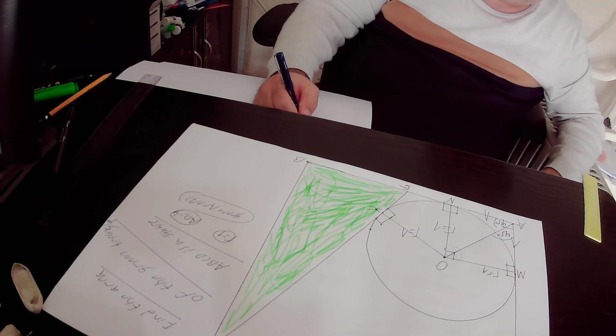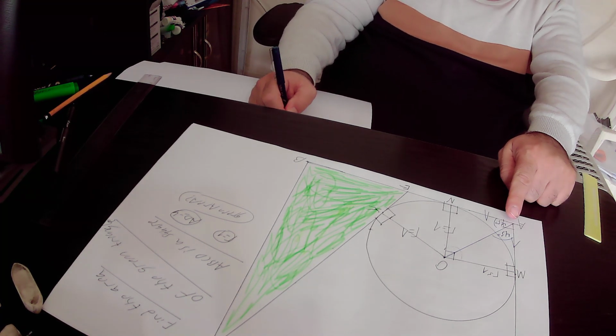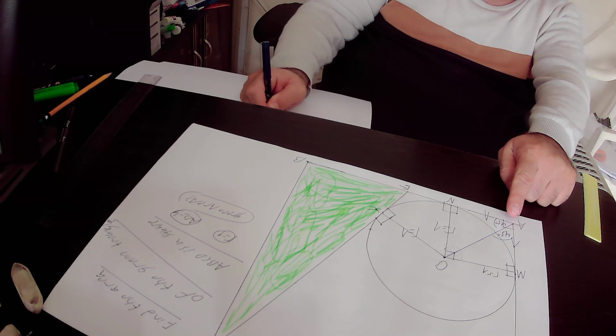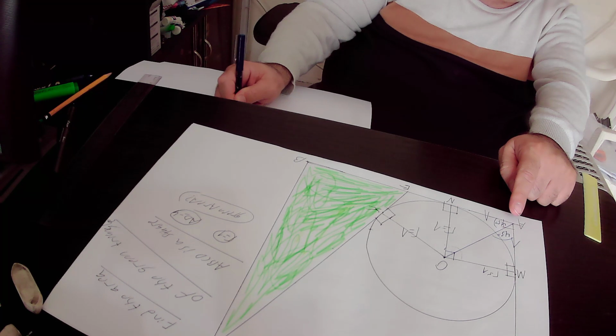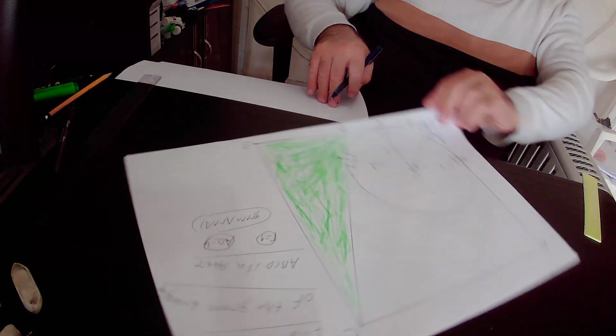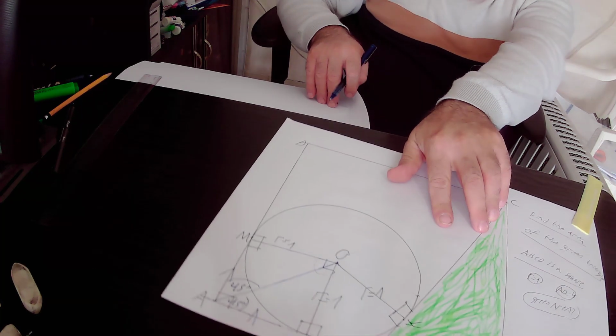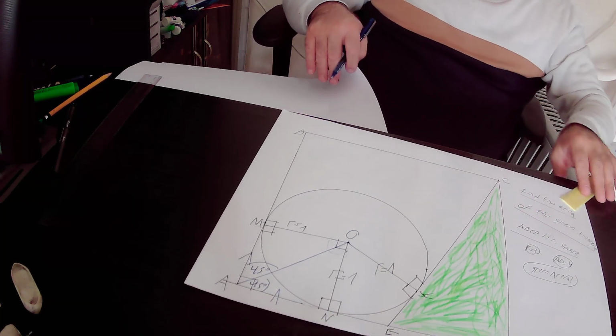Angle OAB equals 45 degrees. That is according to rule number 6. I will repeat again.